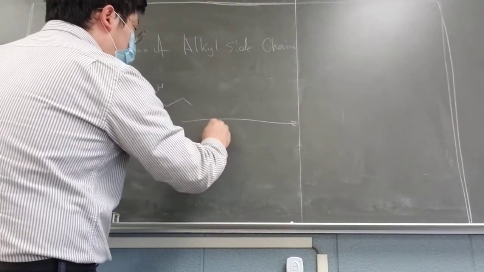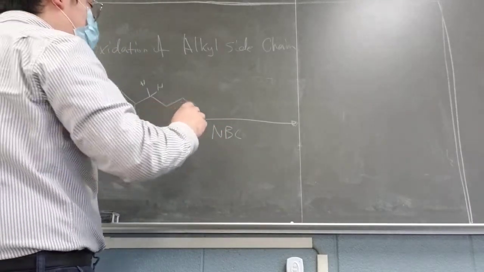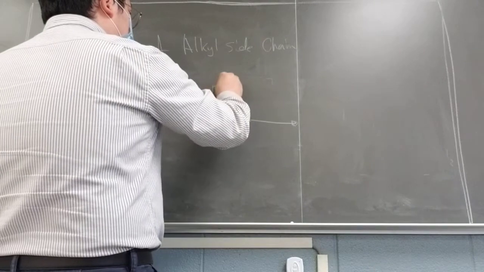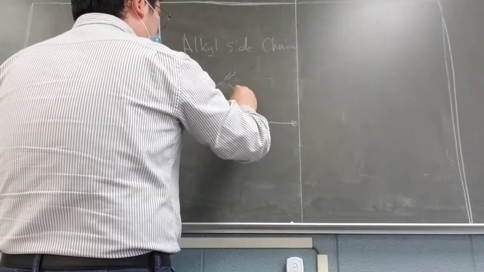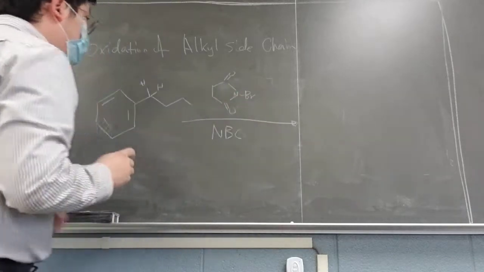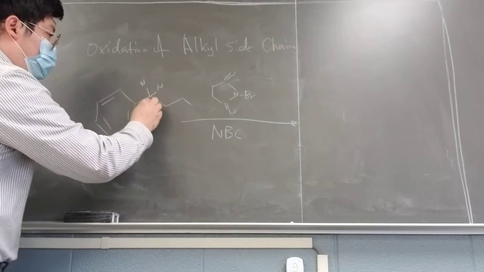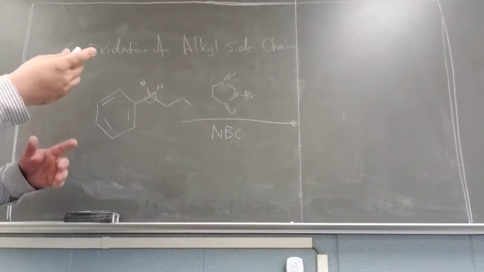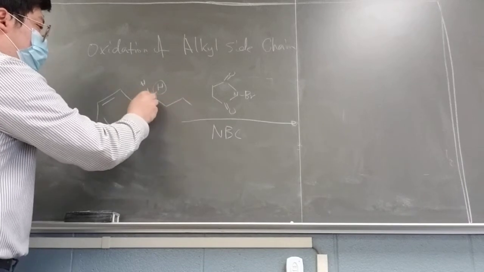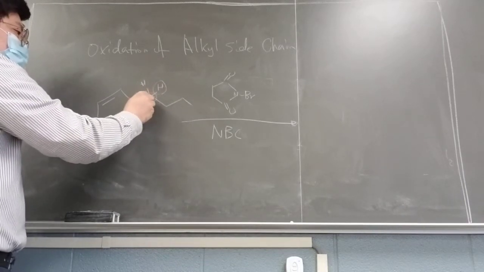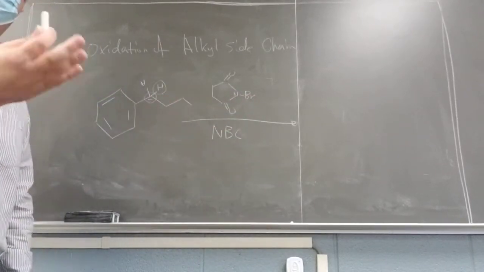And we're going to do NBS, which is N-bromosuccinimide. So in this case, it's also the same. You're just looking at the benzylic position over here, and they're going to substitute one of your hydrogens. There are two hydrogens, three, two here, but only on the benzylic position are you going to replace your hydrogen with bromine. That's it.